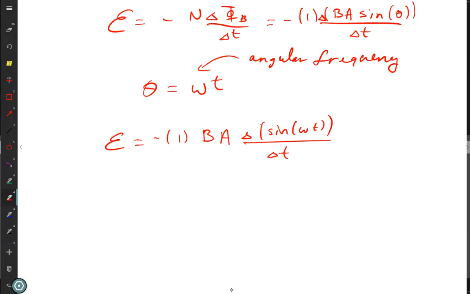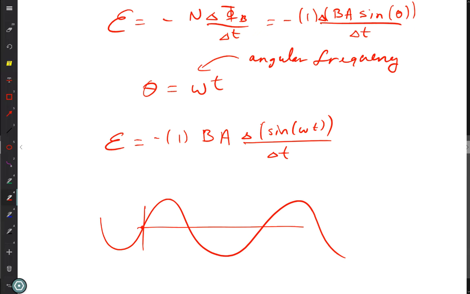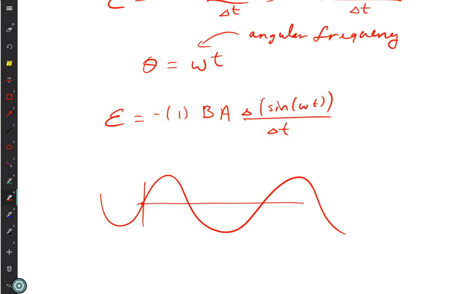If I draw a sine curve, we see that it's going to reach a peak, it's going to come down, it's going to vary. And if you've taken calculus, you know exactly how it varies. Delta sine omega t over delta t is the derivative of sine omega t.